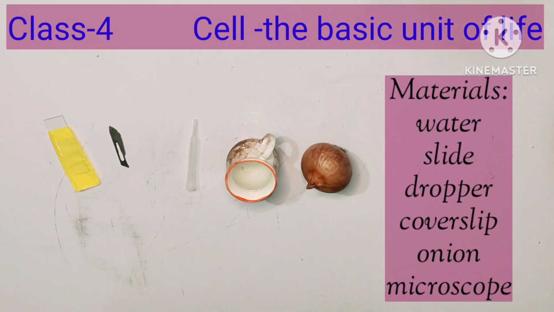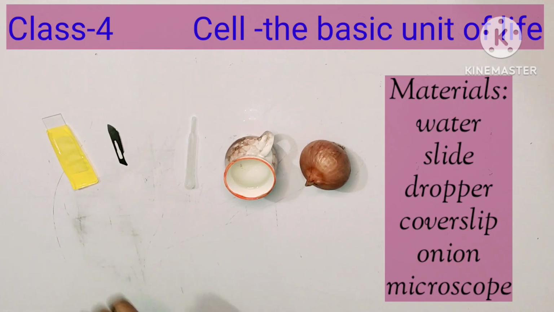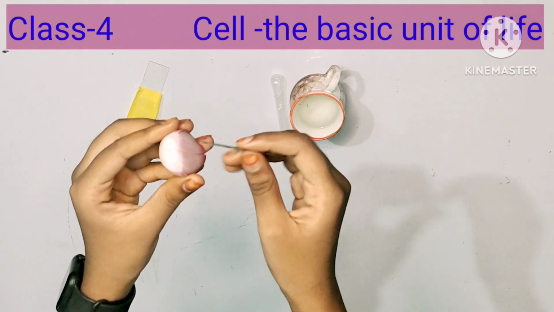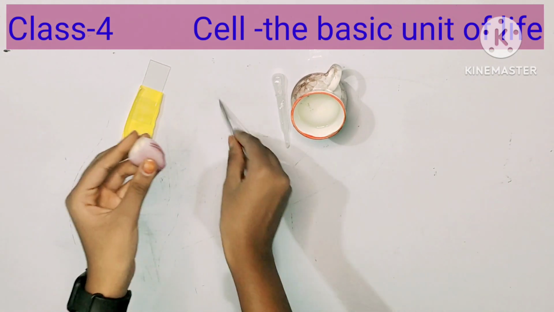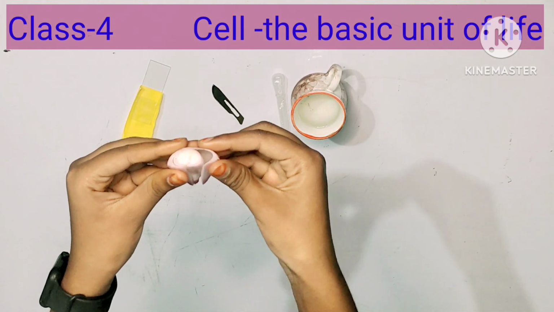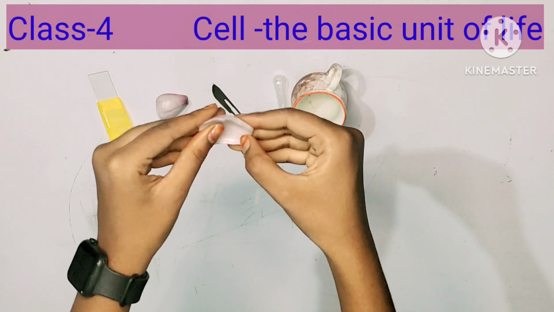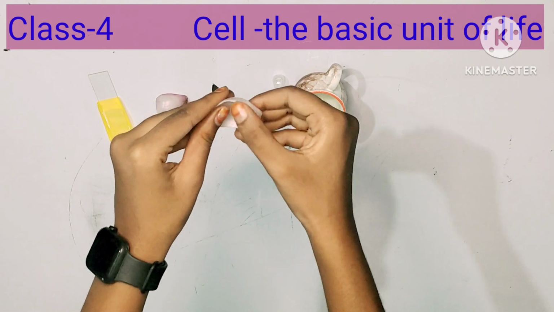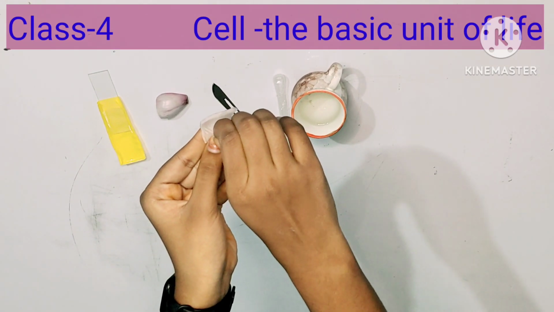Let's perform the activity. Materials required: onion, water, dropper, blade, slide. Cut out a small fleshy portion. Try to separate a thin, delicate, transparent membrane. Here is the membrane.